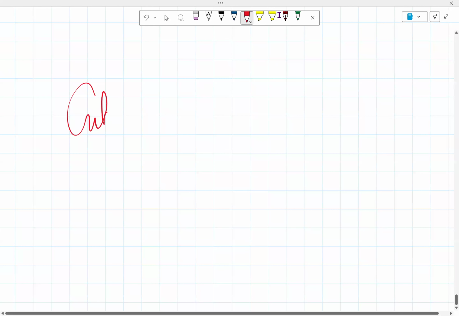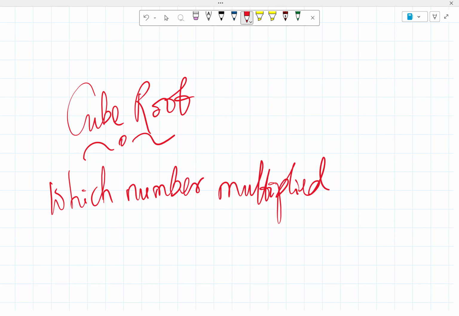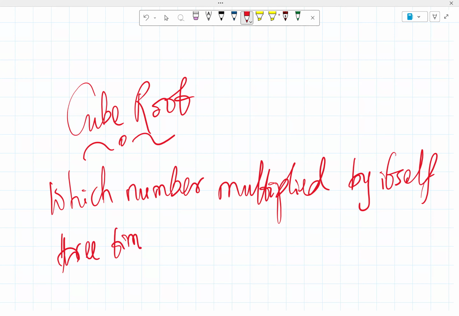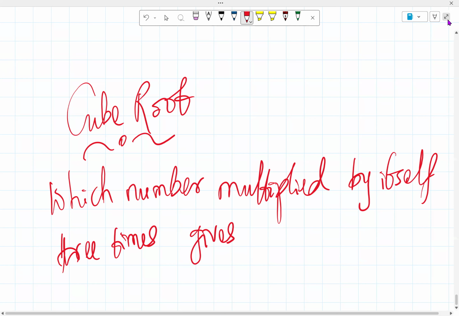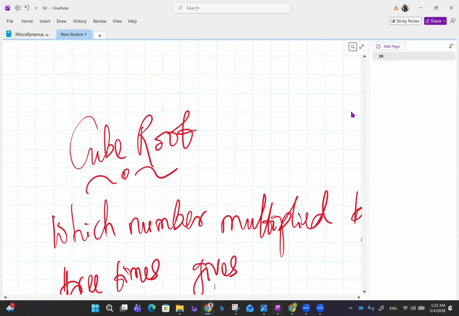For cube roots, the question is: which number, multiplied by itself three times, equals the given number?